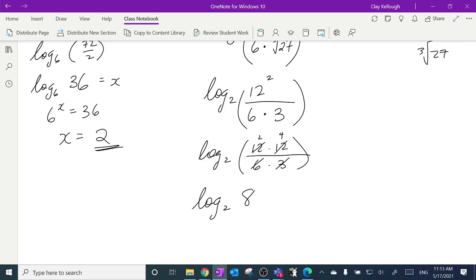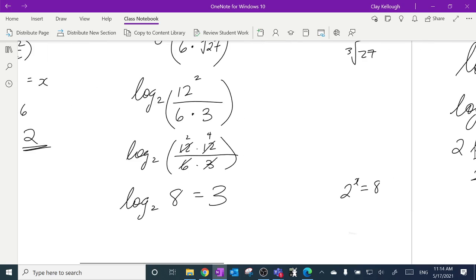And again, now we're at that spot where you can switch this to an exponential equation if you want. You can say this equals x, so 2 to the power of x is 8, and then from there realize, oh yeah, it's 3. Or you can just count it. You can say it's how many 2's do I multiply together to get to 8? The answer is 3.